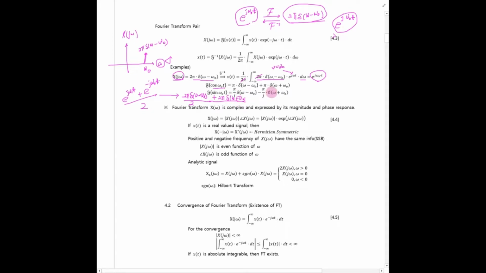So it looks like this one: π times delta(ω minus ω0) plus π times delta(ω plus ω0). We can plot this in the spectral domain like that. This is the 0 point, and at ω0 it has π delta(ω minus ω0), this term, and this one is minus ω0. The spectral component is π times delta(ω plus ω0).